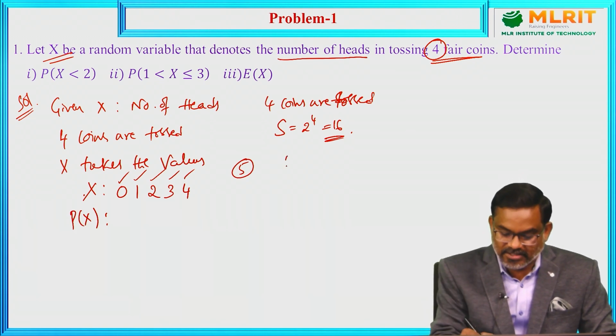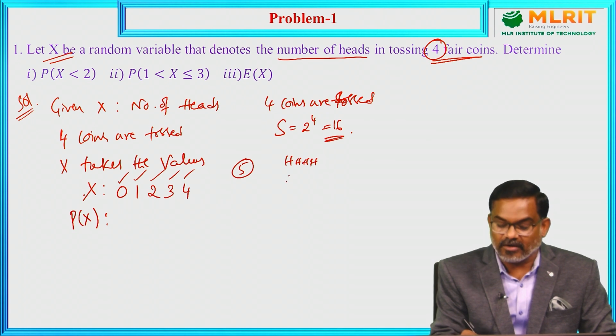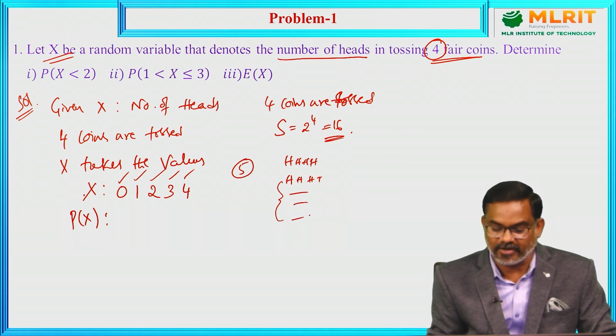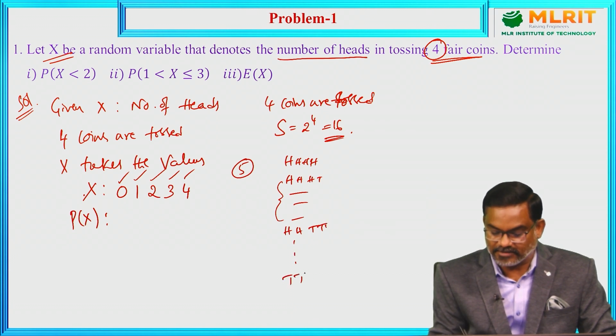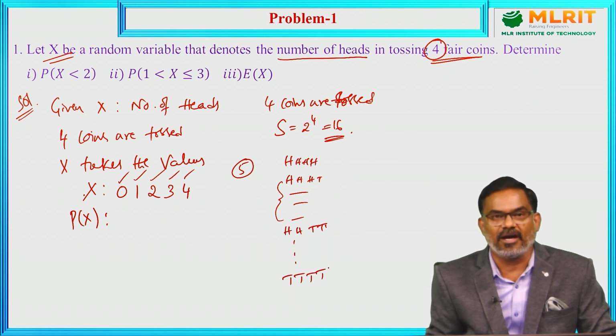So for example, all 4 heads, or 3 heads and 1 tail, and this is possible in 4 different ways, and 2 heads and 2 tails, like that, all tails. There will be 16 outcomes.